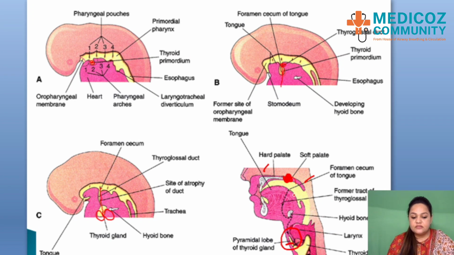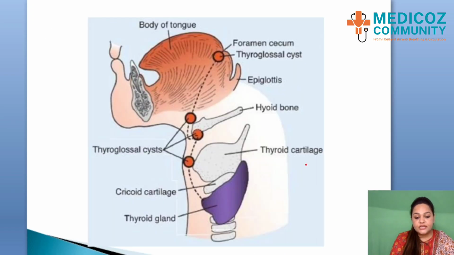In between, this part disappears, but if during the migration of the thyroid gland the thyroglossal duct persists, it will form a cyst called the thyroglossal cyst.